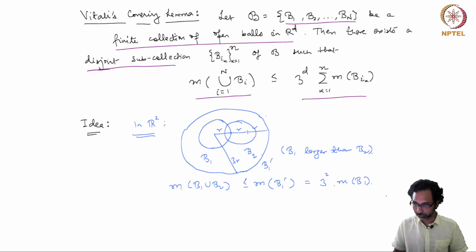Just as we saw before in this example, for any two balls which intersect, if you take the larger ball and take the ball of radius 3 times its radius, then it will engulf both balls.